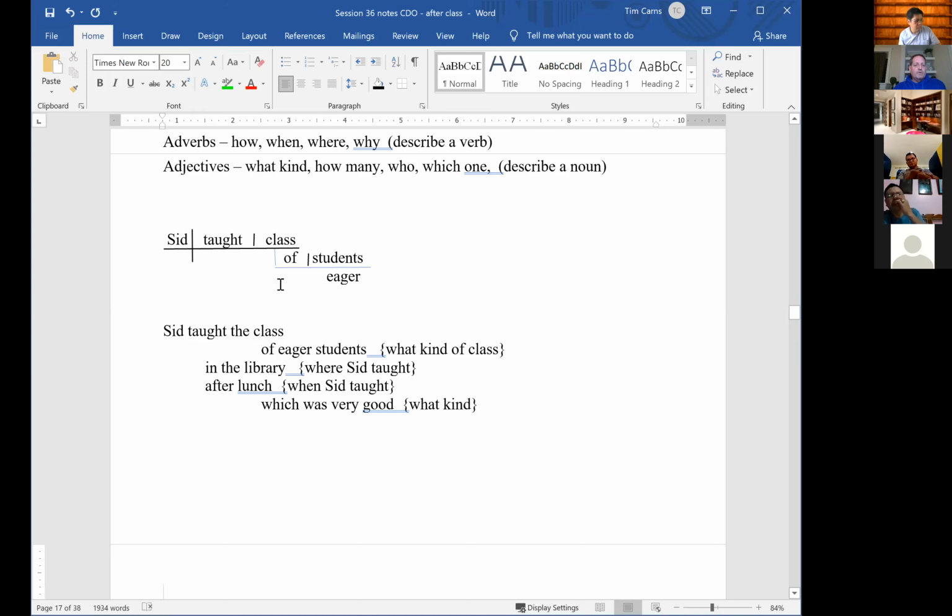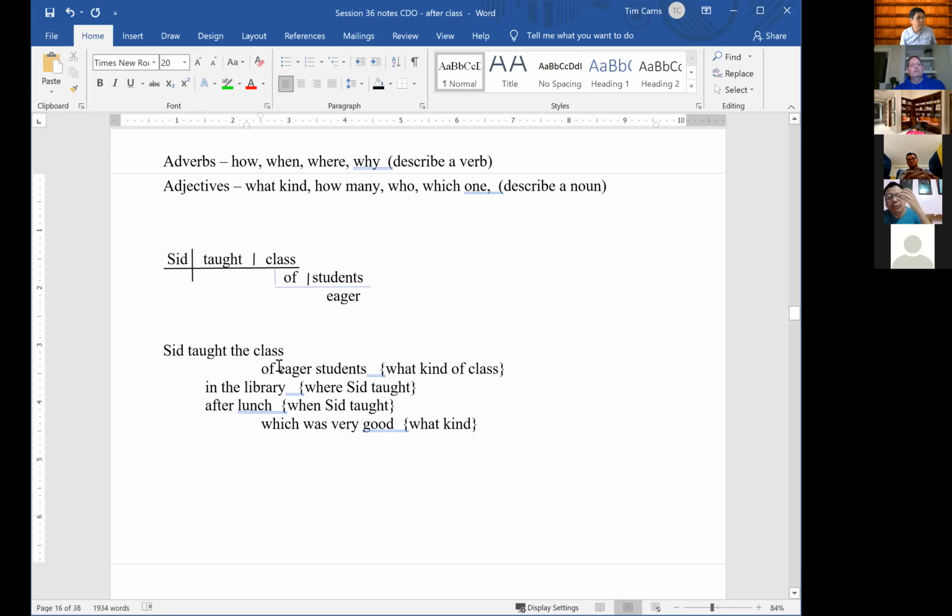Notice here, let's look at library, in the library. Now, library by itself is not the full picture. It's in the library. That's where Sid taught the class.